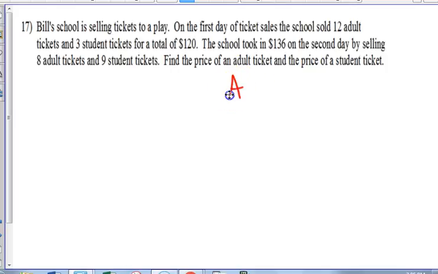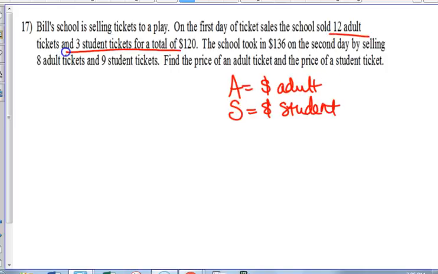If I wrote A is the dollars for adult ticket and S is the dollars for a student ticket, what would that first equation be? 12 adults plus 3 students is 120.